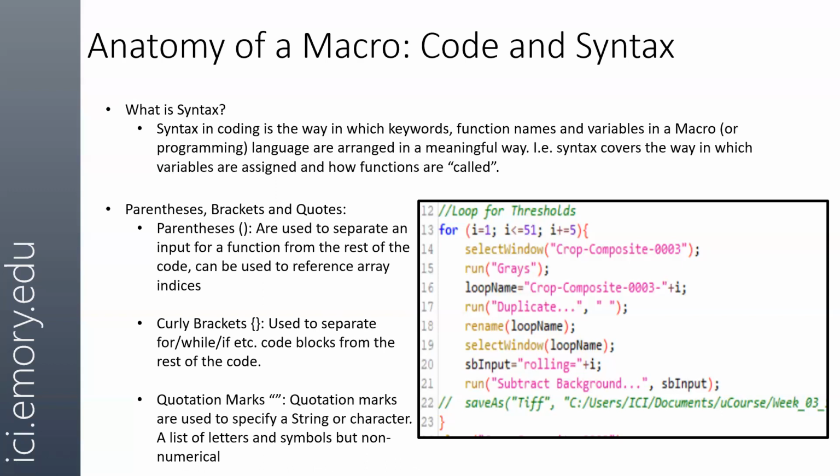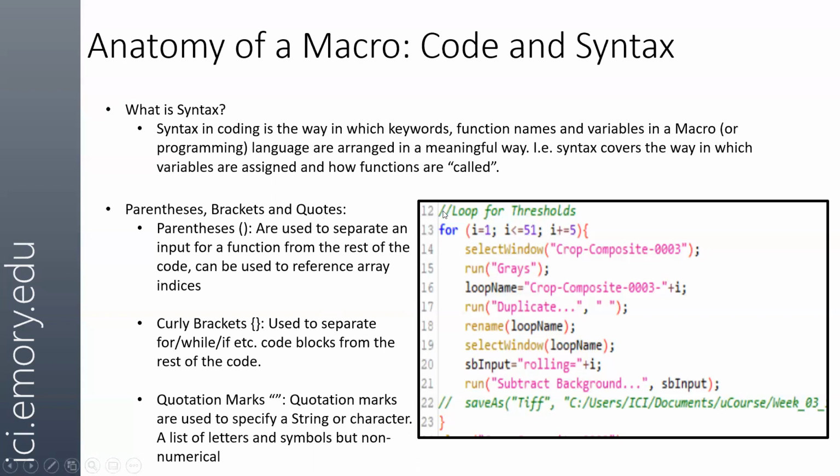Let's also cover, while we're here, the parentheses, curly brackets, and quotation marks. Any kind of string, any letter, any file name, needs to be identified as a string by surrounding it on either side with quotation marks.